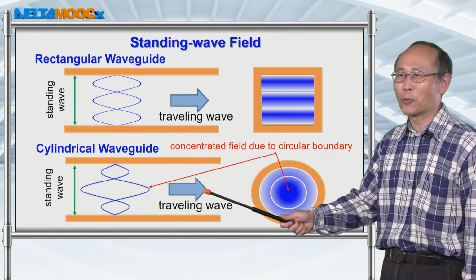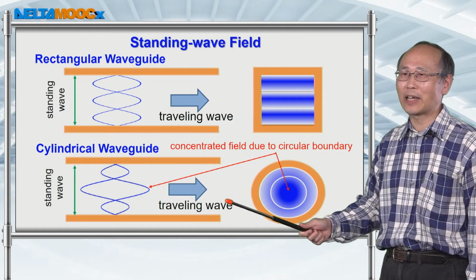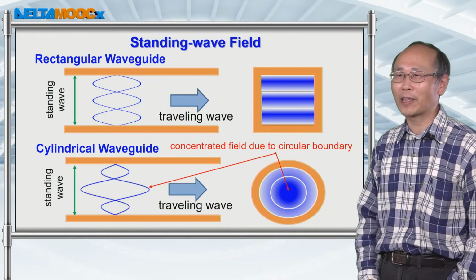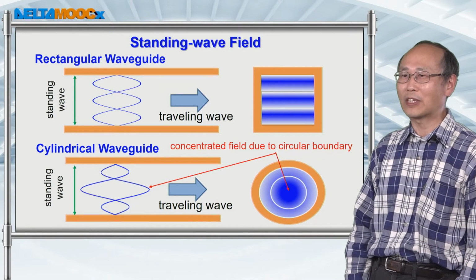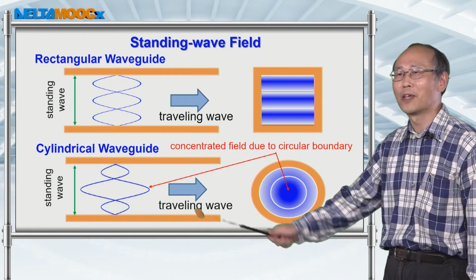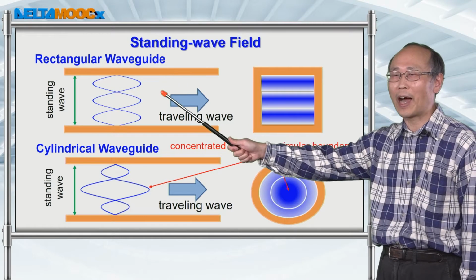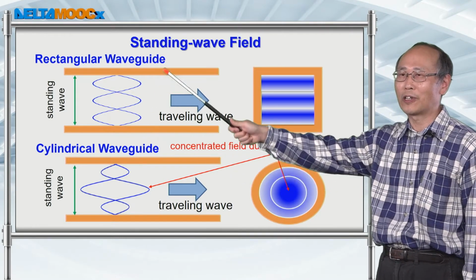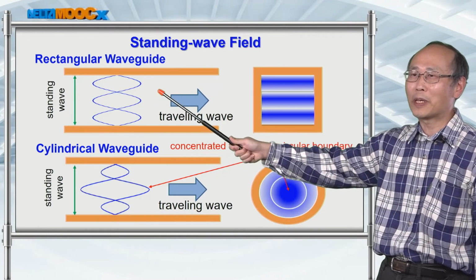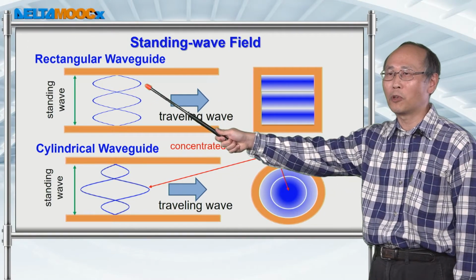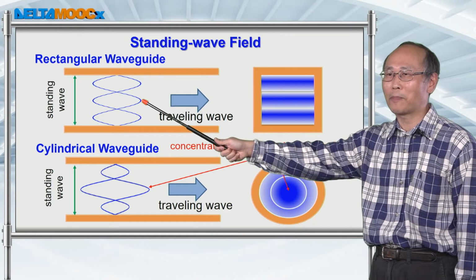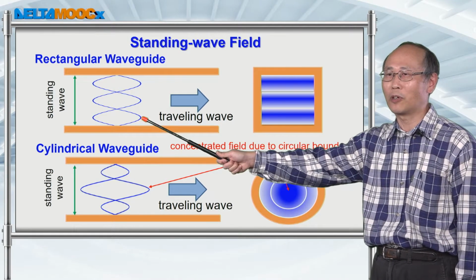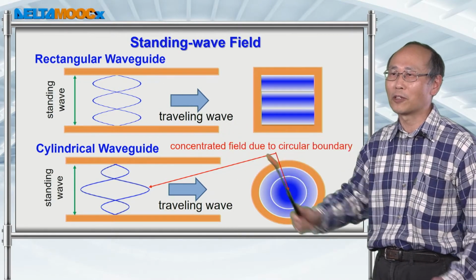But when you compare with the field pattern inside a cylindrical waveguide, the field pattern will be slightly different, but the physics is very much similar. For example, in the rectangular waveguide, the field pattern appears to be uniform across the transverse direction. You will be expecting the field amplitude at this point similar to the field amplitude at this point and also this point, because this is the flat boundary.